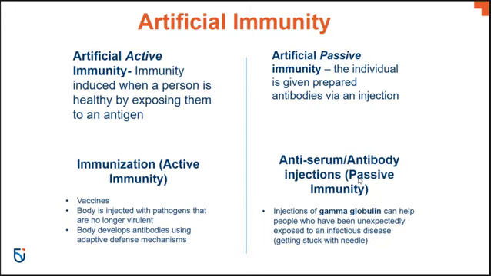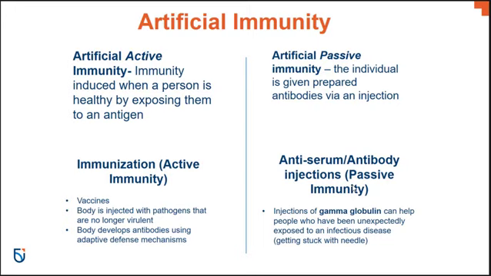Artificial immunity can also exist in passive form. Remember, in the case of passive, you're not actually producing the antibodies yourself. So for example, let's say I throw something into a public garbage, and I think I dropped my wallet in there as well, and I reach in and prick my finger on a needle that was in the garbage. It's possible that that needle could be infected with some virus.